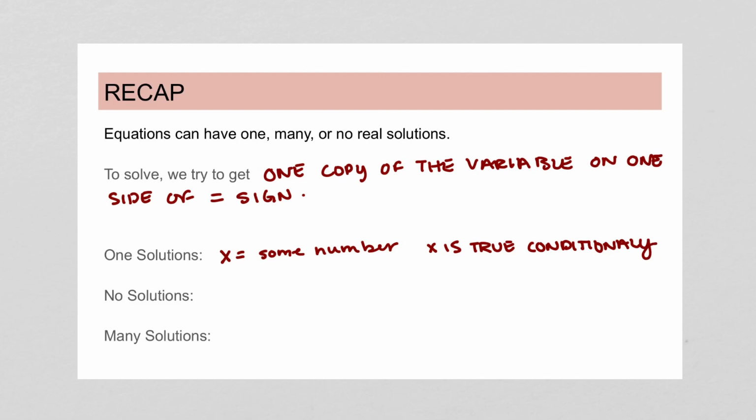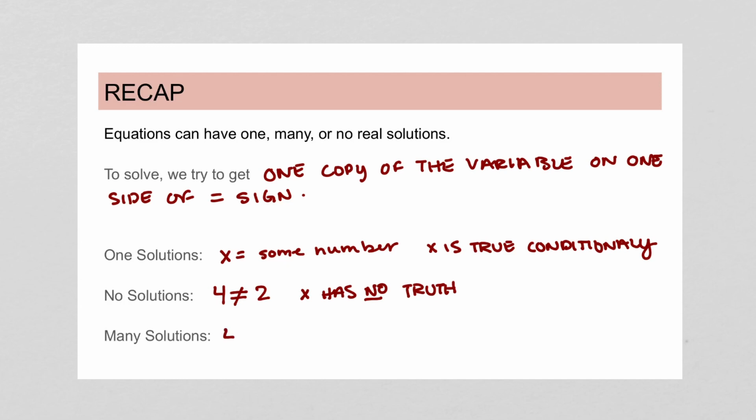When it has no solutions, we're going to have, let's say 4 and 2. Well, we know that's not true. So we'll say that x has no truth. Then we know we're going to have no solution.